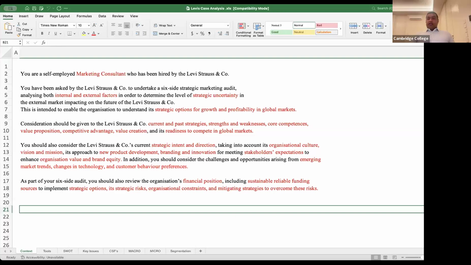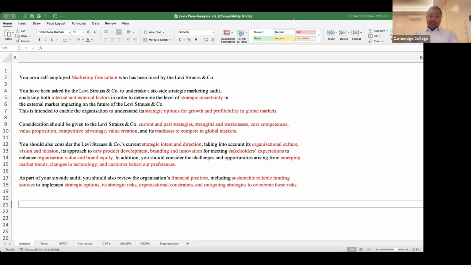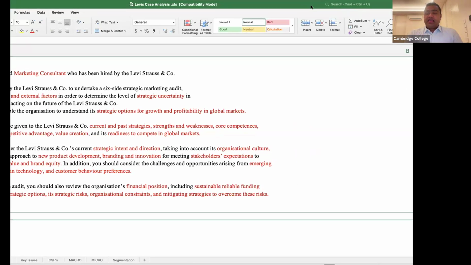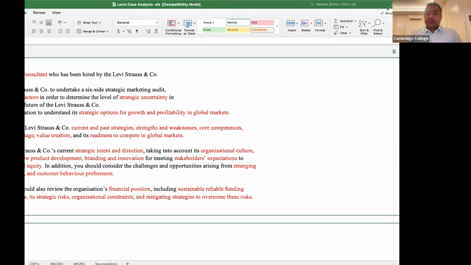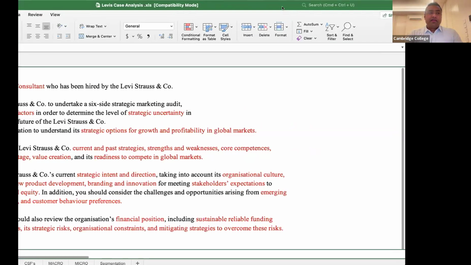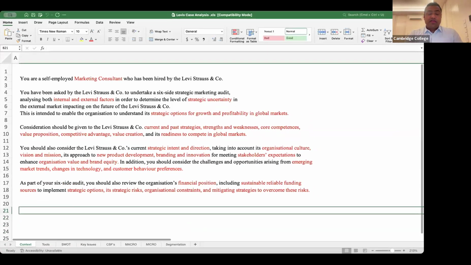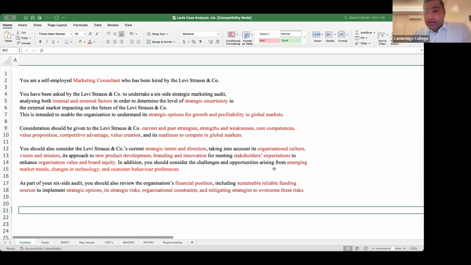So this is the tutor analysis that we discussed when the case study was out, for the previous session on Levi's. And here's some analysis that I gave the students. Of course, you won't find everything here. I've only included the tools I've given you for homework in the past 2 to 3 weeks.